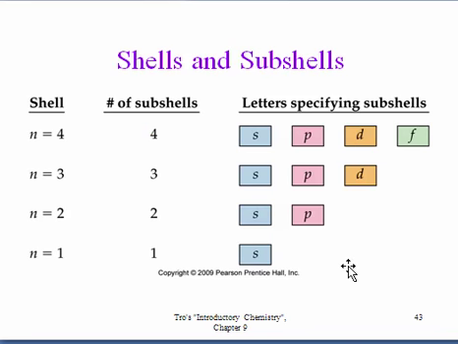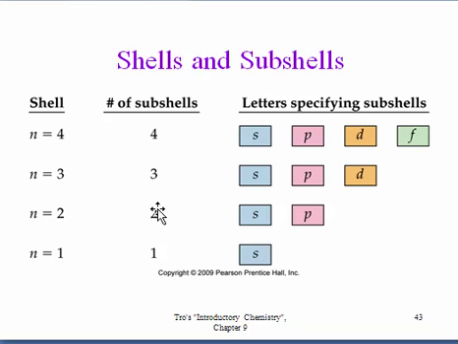So we'll take a look at those shapes in just a second, but let's look at the subshells that are allowed in each shell. In the first shell, we have one subshell that is always the S subshell.